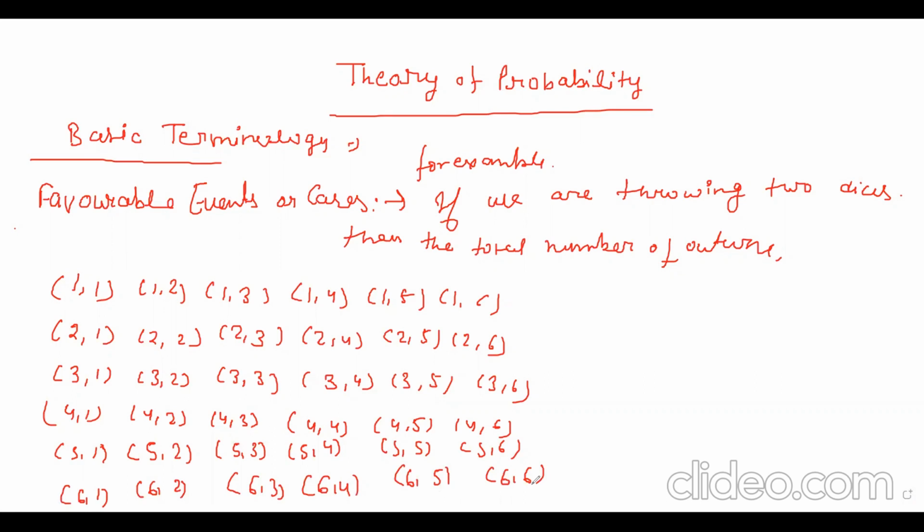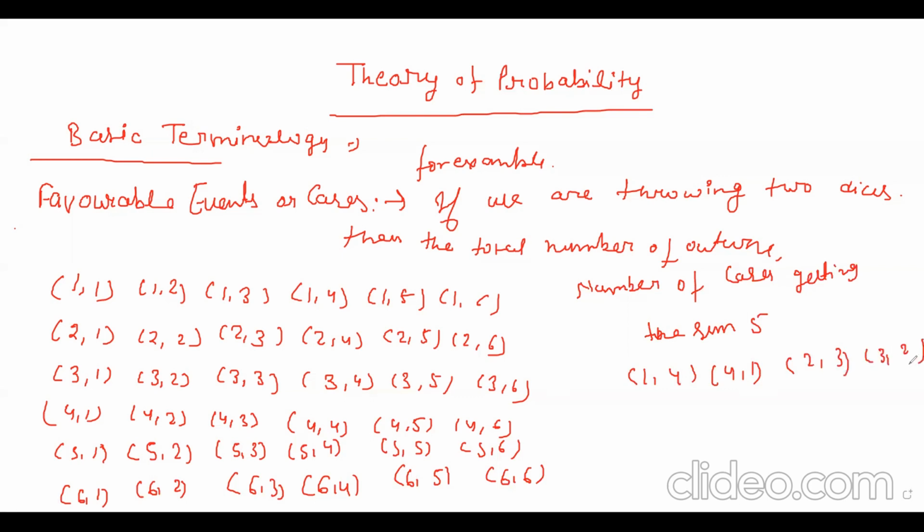But if you want to find the number of cases favorable to getting the sum 5, then it may be only 1 4, 4 1, 2 3, 3 2.